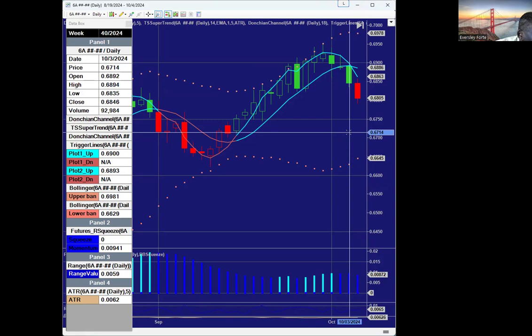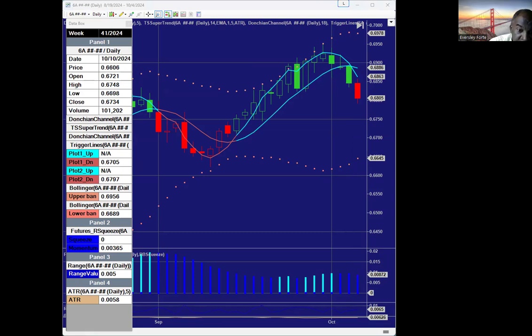What is 10 ticks above 0.6894? 0.6904. Correct. So our stop loss equals 0.6904. So we have an entry and we have our stop loss.